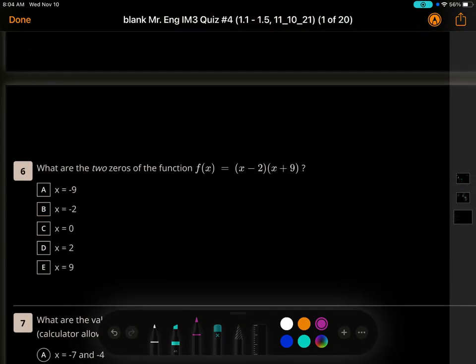Alright, question number 6. What are the two zeros of the function? Remember, two zeros is just where it crosses the x-axis. But if you notice, this one's called factored form, and you just set it equal to 0.